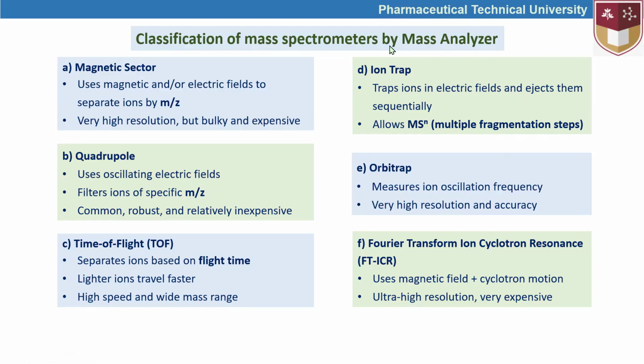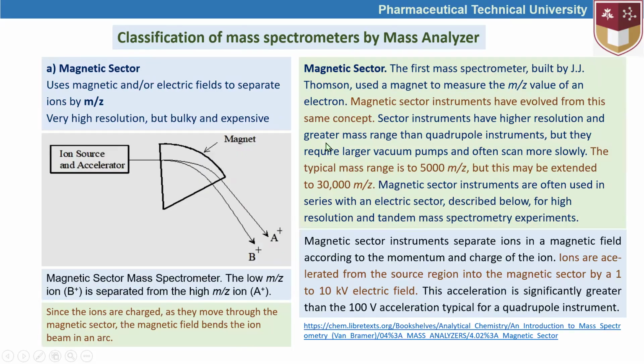They are classified as magnetic sector, quadrupole, time of flight, ion trap, orbitrap, and Fourier transform ion cyclotron resonance mass analyzers. They have their own mechanisms, advantages, and limitations. So I hope this lesson will be interesting to you.